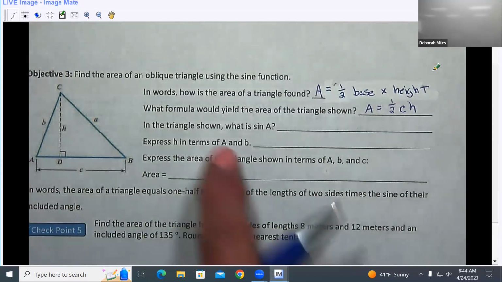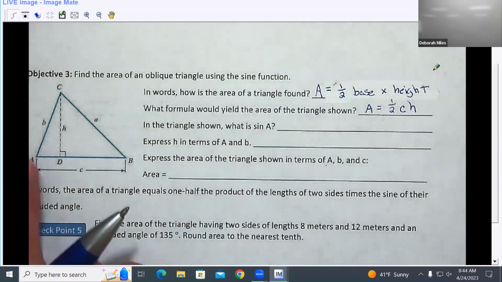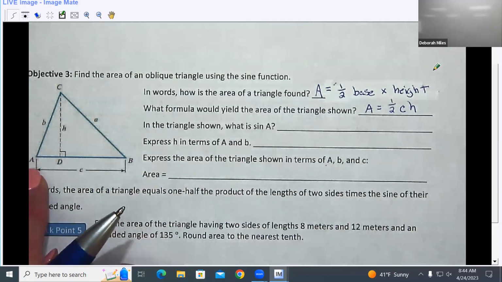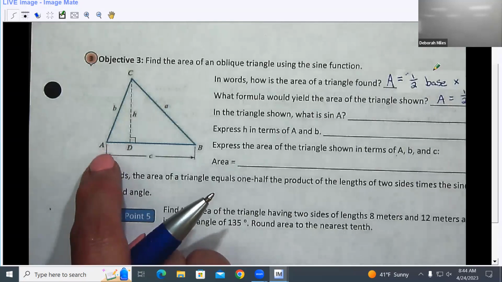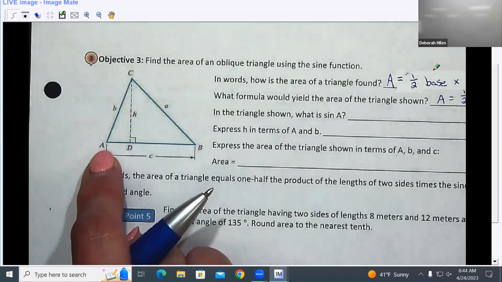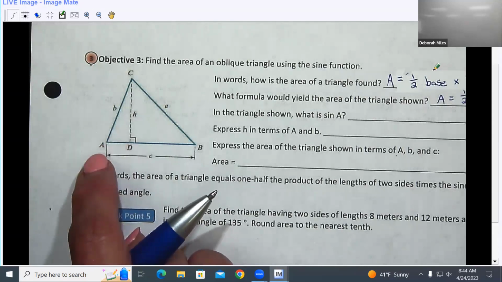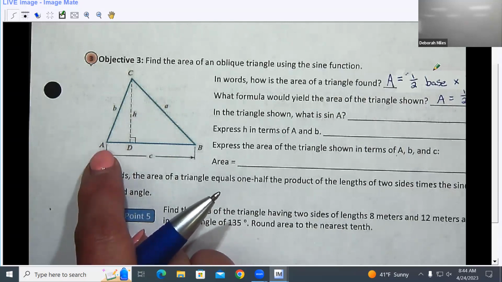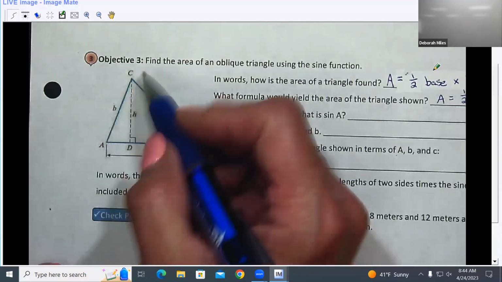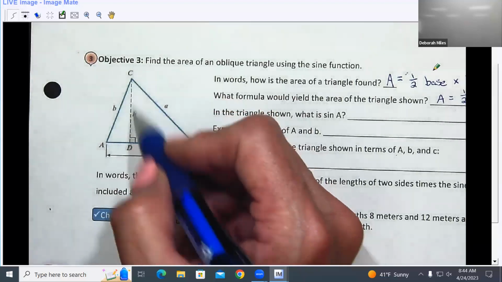All right, in terms of the triangle shown, what is sine A? Look at this angle A and tell me what sine A would be. Sine only applies to right triangles, and my right triangle is right here.